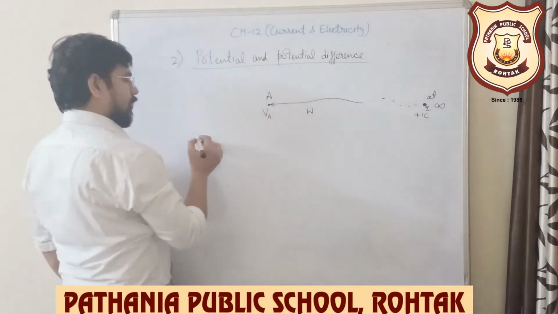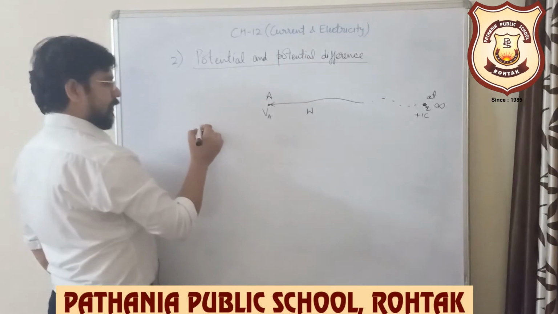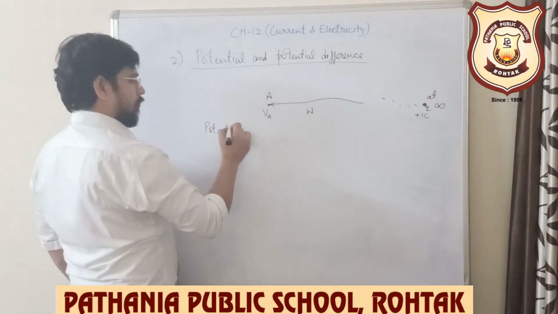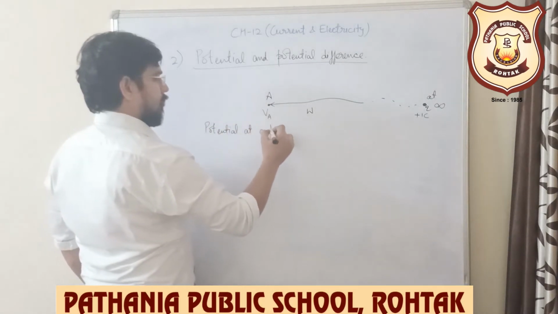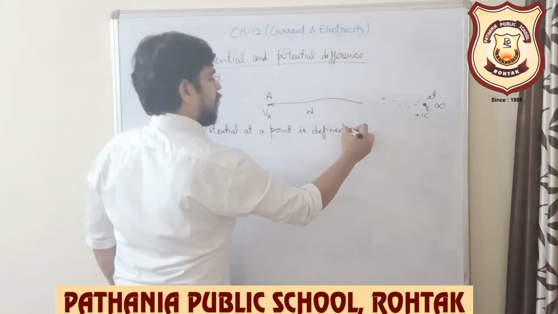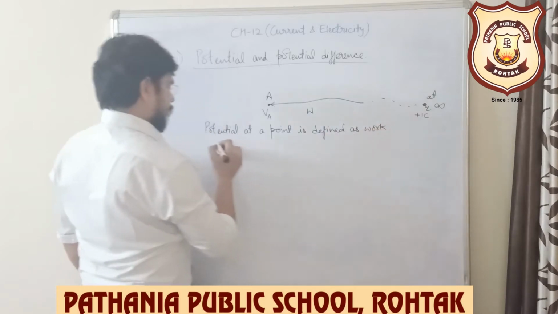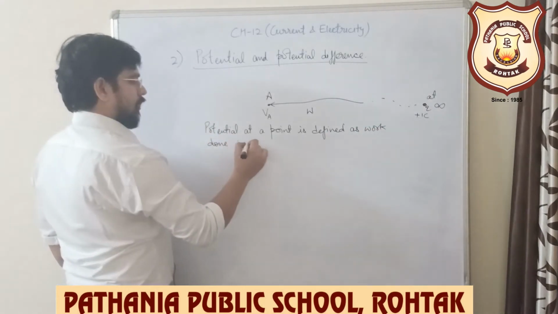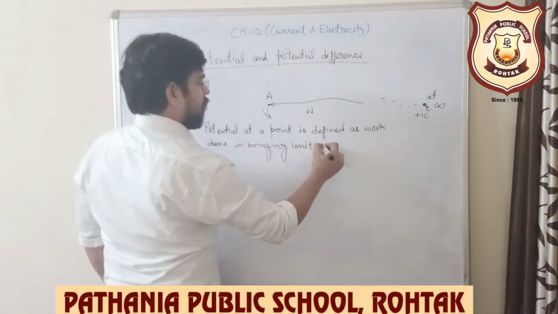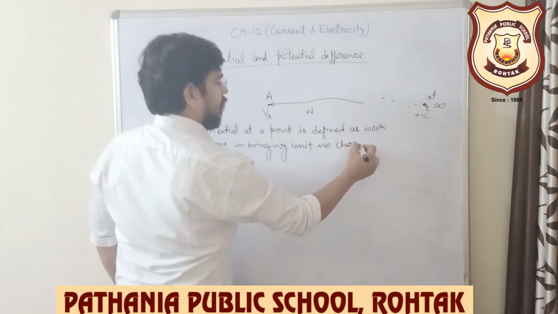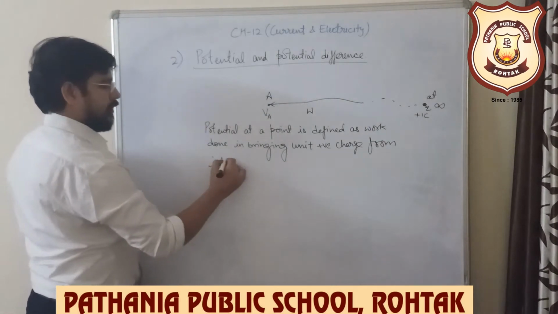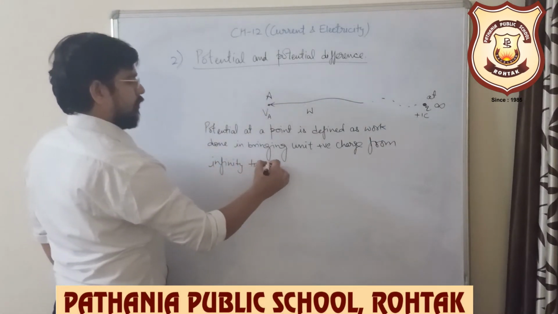For defining potential at a point, we can define it like this: potential at a point is defined as the work done in bringing unit positive charge, that is plus 1 coulomb, from infinity to that point.